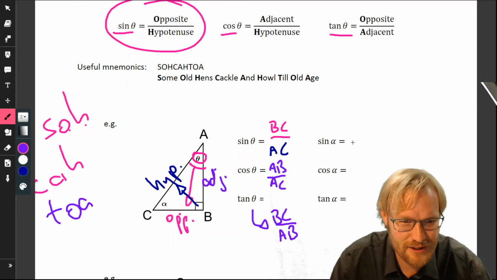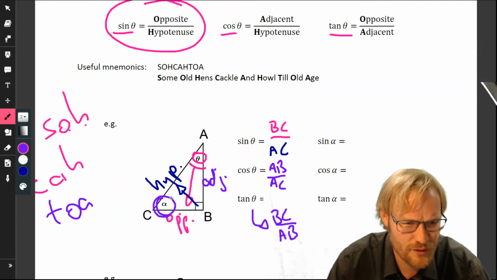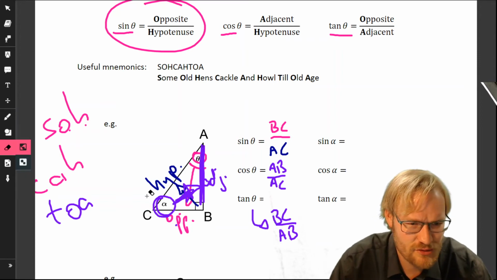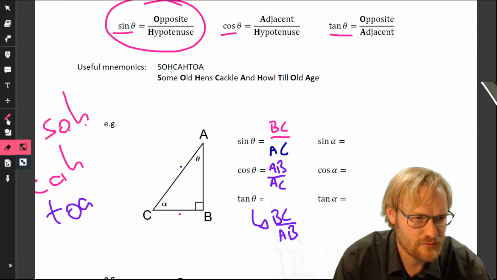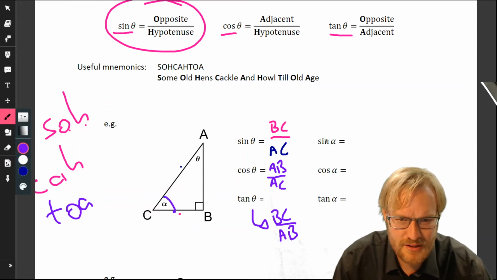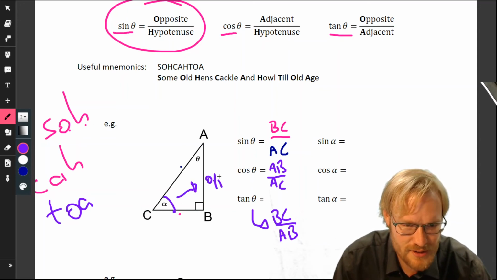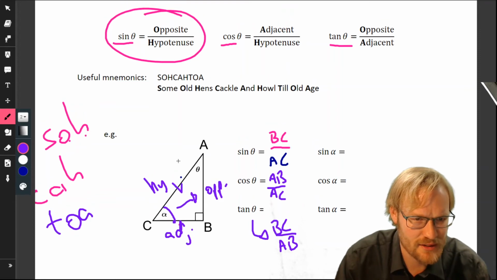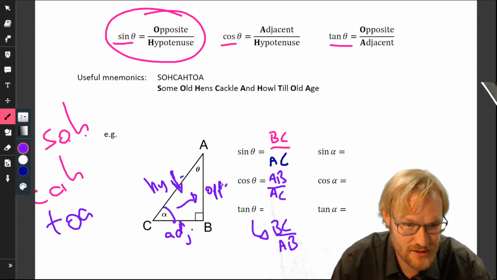So we've got sine alpha. Now, we're looking at alpha as our starting point. So therefore, the hypotenuse doesn't change, but this side here is now going to be opposite. It's no longer adjacent because this side's adjacent. Let's rub all this other stuff out and say, okay, now when we're looking at alpha, what's what? I suggest not scribbling opposite, adjacent, hypotenuse on the diagram, because it might change.